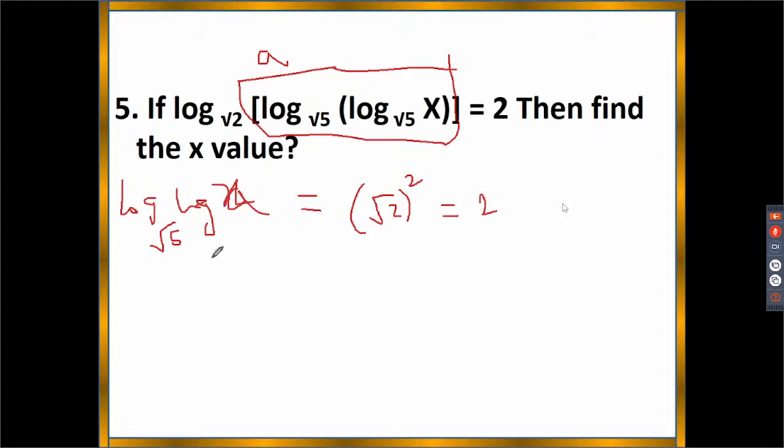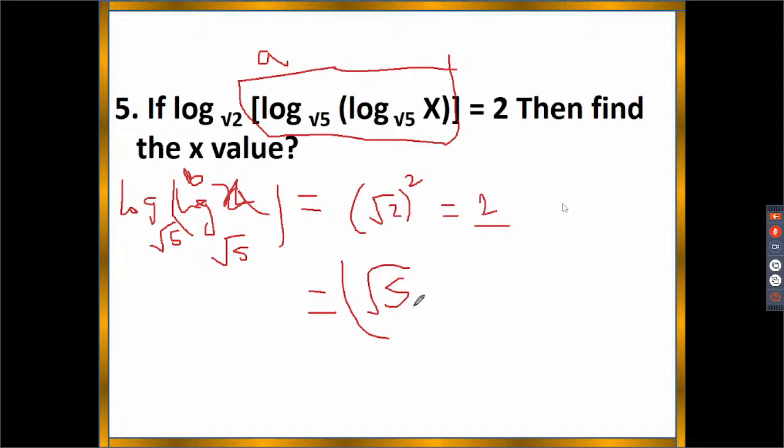Log of x base root 5. Again, for some time, this part is assumed as b. If you assume this part is b, it looks like log b base root 5 is equal to 2. So b is equal to root 5 whole square.